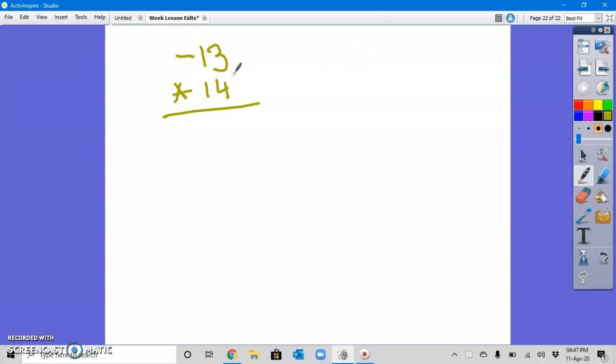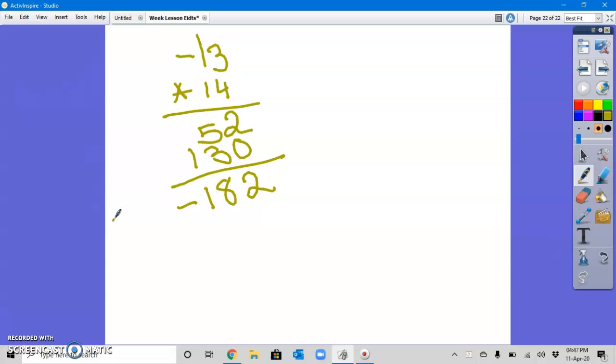So let's start here. 4 times 3 is 12. 4 times 1 is 4, plus 1 is 5. Add a 0. 1 times 3 is 3, and 1 times 1 is 1. Your answer will be 182, negative. So your answer will be a negative.